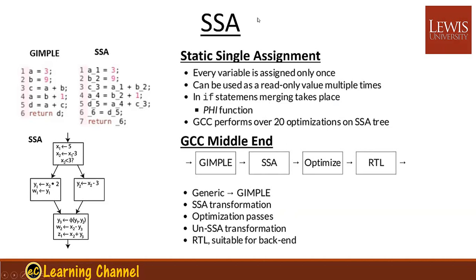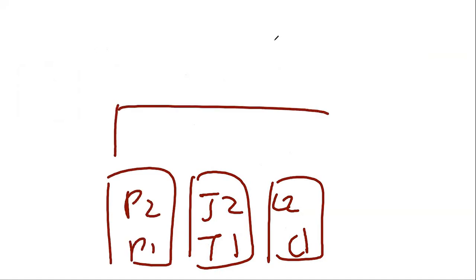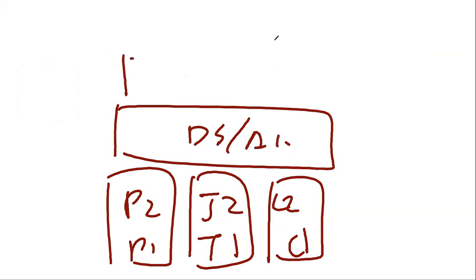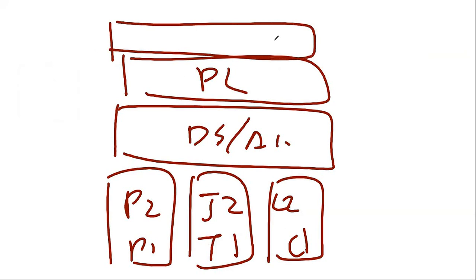So I told you, in the syllabus, you have Java 1, Java 2, and then C1, C2, and then Python 1, Python 2. Right over here you have data structure and algorithm, and here you have this programming language. The next one, the king of programming, will be compiler design.